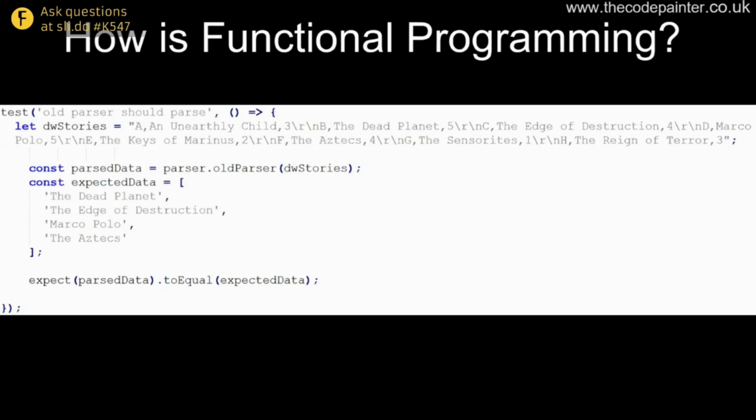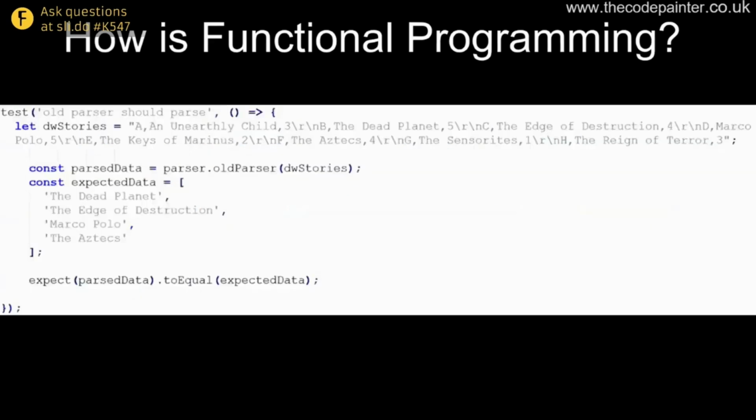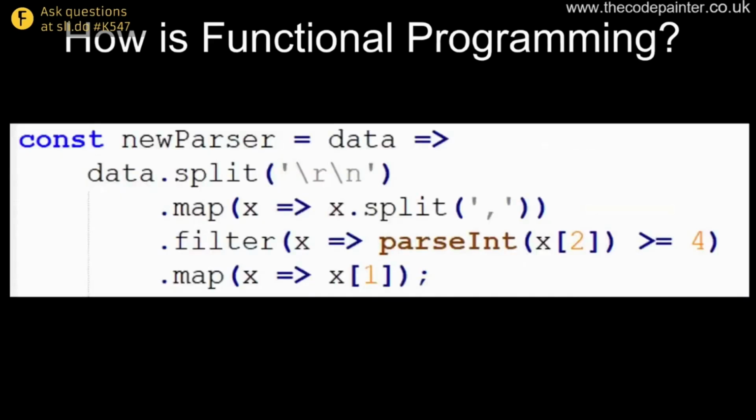This is the story titles from the first series in 1963, along with my personal rating of those stories. What I actually want to do is parse this down to a data structure and then take out my favorite stories and give us back the titles, which is what this lot is doing in a slightly convoluted way. And this is how we do it functionally.